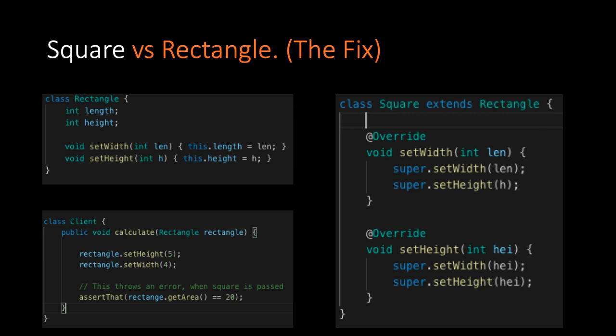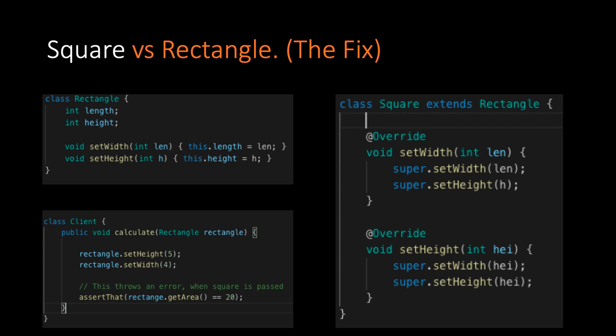Why is that so? Since you are calling the setHeight and setWidth method not on a rectangle, but on a square which is wrapped inside a rectangle as a subclass, when you call the setWidth method with the value 4, it also updates its height with value 4.